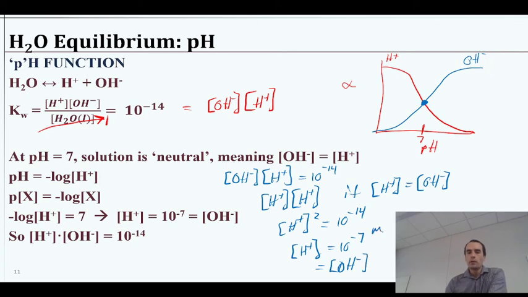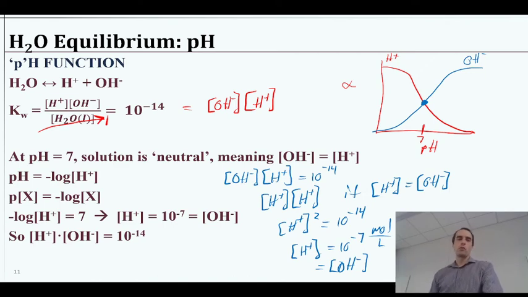And it's going to be moles per liter because we're in brackets, right? So all that to say that pH 7 is right where they meet, and this gives us some indication of what the P means, which is you take 10 to the minus blah is the P of blah, right?